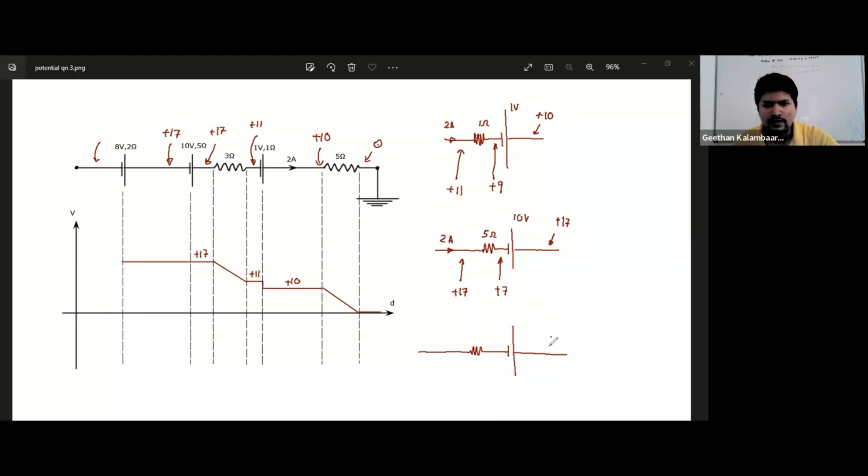It's plus 17 here, and the battery is 8 volts, so it's reduced by 8, so plus 9. And this is 2 ohms with 2 ampere current, so it's increased by another 4, so plus 13. So from 17 it drops to 13.